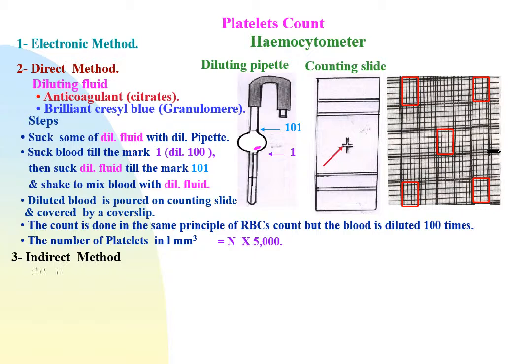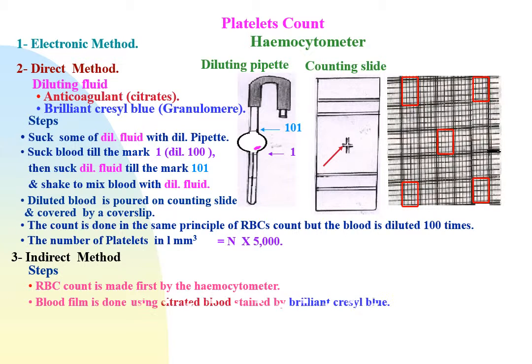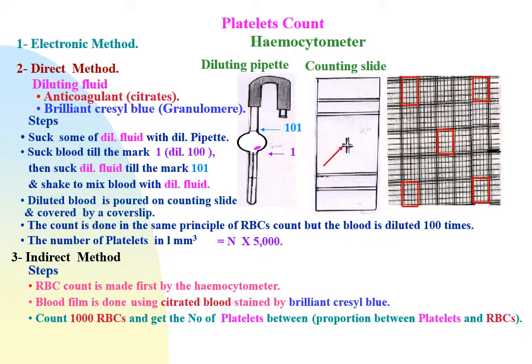Indirect method. Steps: RBC count is made first by the haemocytometer. A blood film is made using citrated blood, stained by brilliant cresyl blue to stain the granulomere or chromomere of the blood platelets. Count 1,000 RBCs from the blood film and get the number of platelets present in between, in order to know the proportion between platelets and RBCs.